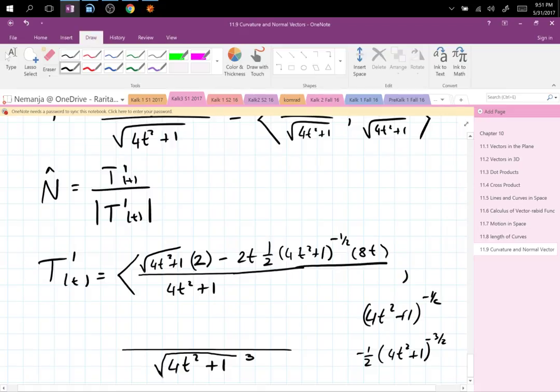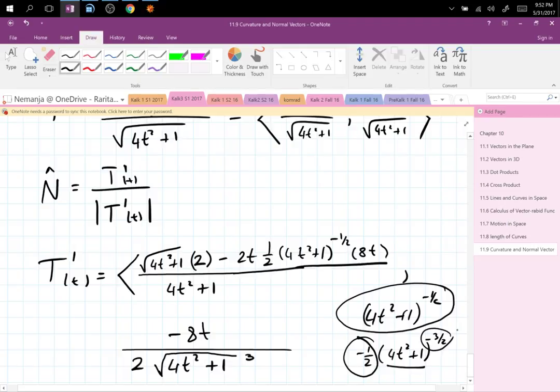There's going to be the 8t on top and negative 1/2 over here. I just put the negative 1/2 exponent because it was in the denominator, right? Yeah. And you drop the power down, copy, negative 3/2, and then times 8t, chain rule.